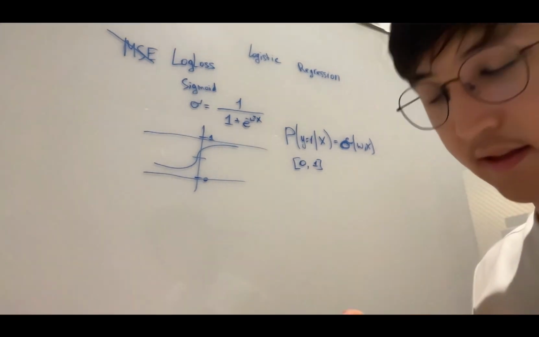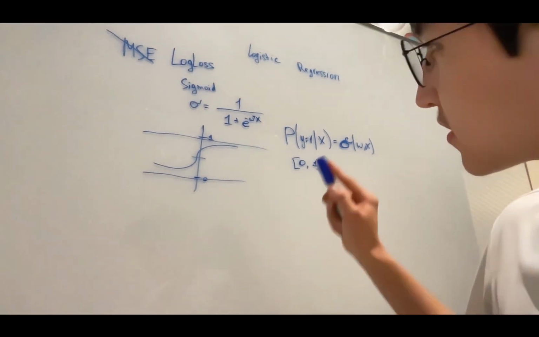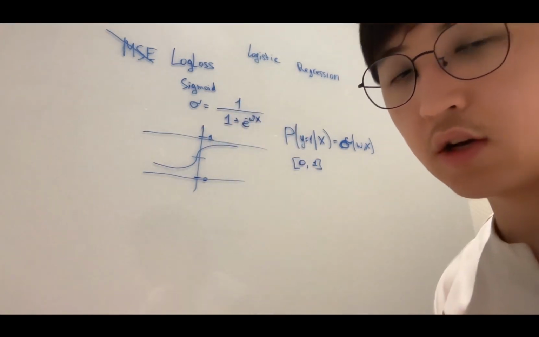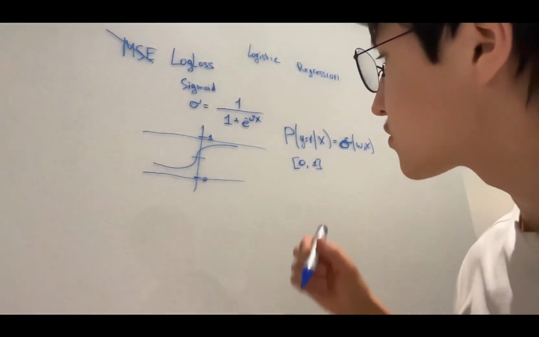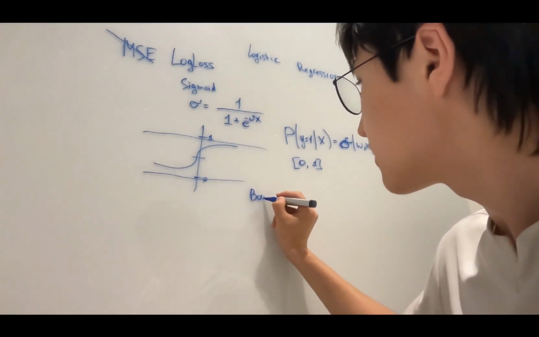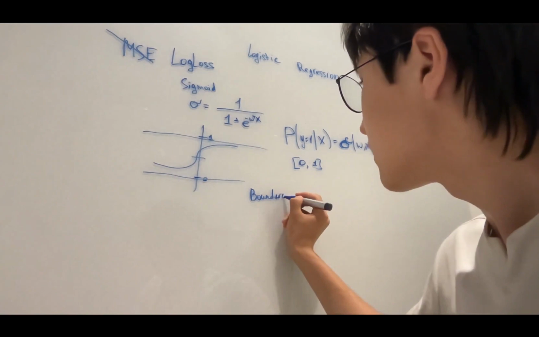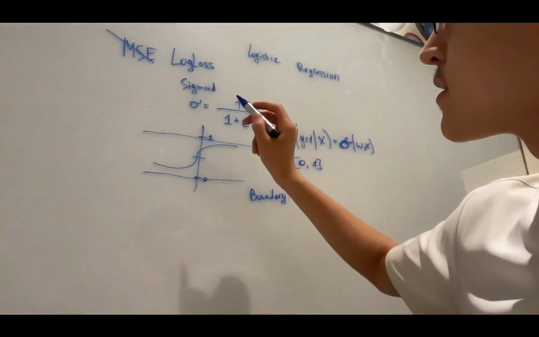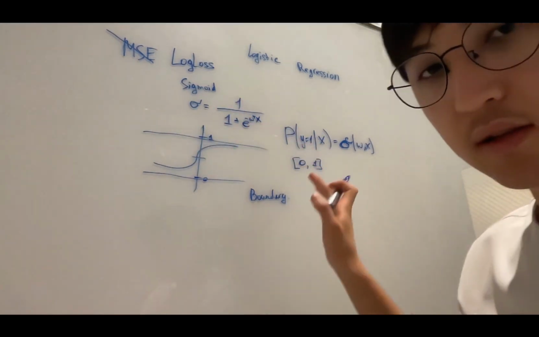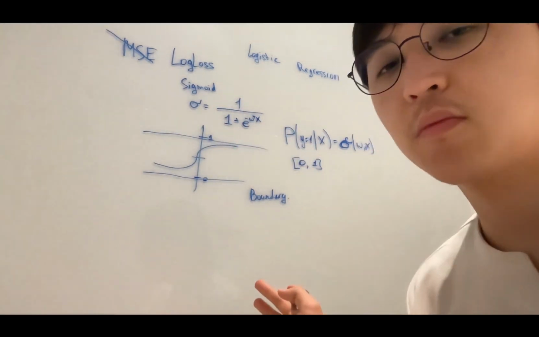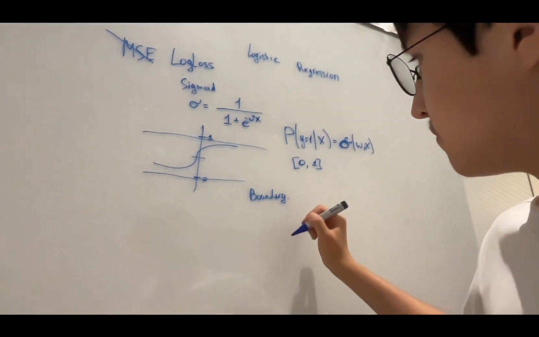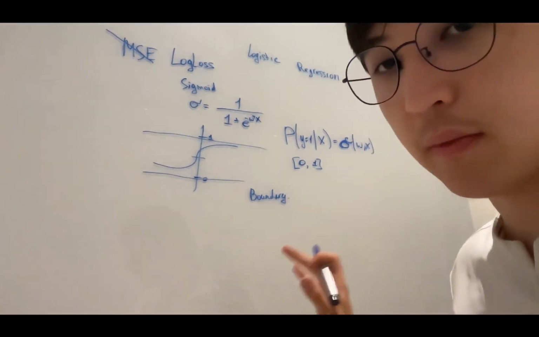We will use sigmoid and log loss, and we will also set our boundary, because the sigmoid gives probabilities like 0.2, 0.3, 0.5. For now, assume the boundary is 0.5.